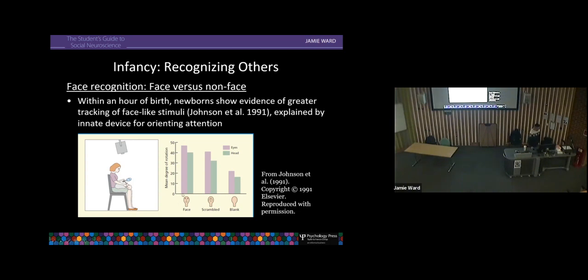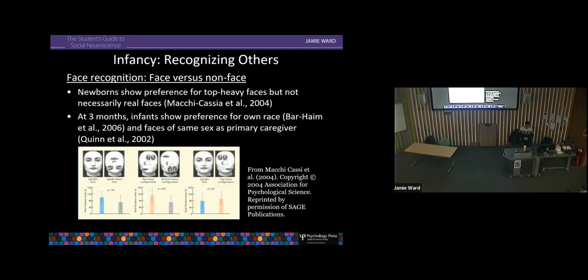In effect, the infant will orient more to a realistic face than to a symmetrical scrambled face, than to a blank. Does this mean that the infant is born with a representation of what a human face looks like? Probably not, but they would have certain preferences that naturally gravitate them towards face-like stimuli, including symmetry, including top-heaviness as well.